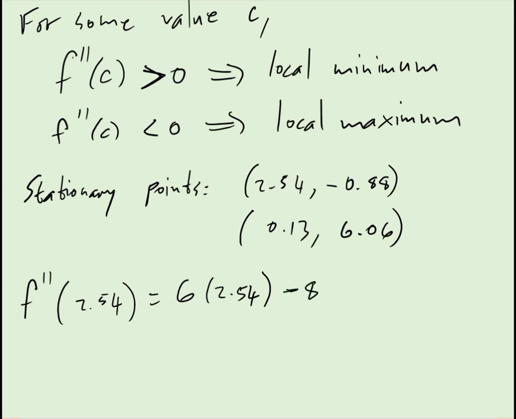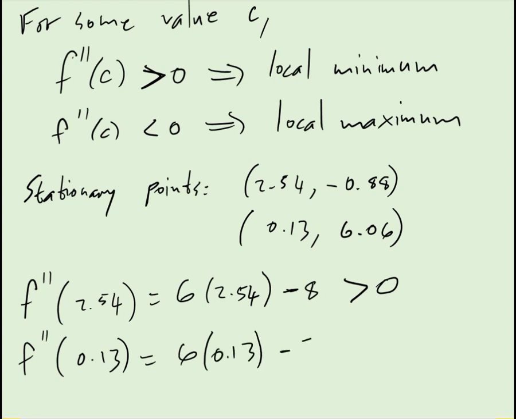We don't even have to calculate this. 6 times 2.5 is definitely more than 8, so this is greater than 0. So this means it's a local minimum. And then for the other one, let's use 0.13. Here we'll get 6 times 0.13, which is going to be a small number, minus 8. So this is going to be less than 0, and this is going to be a local maximum.